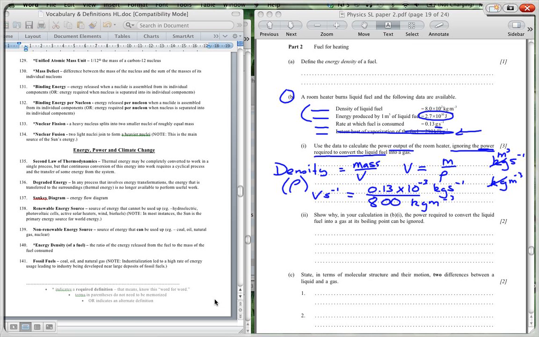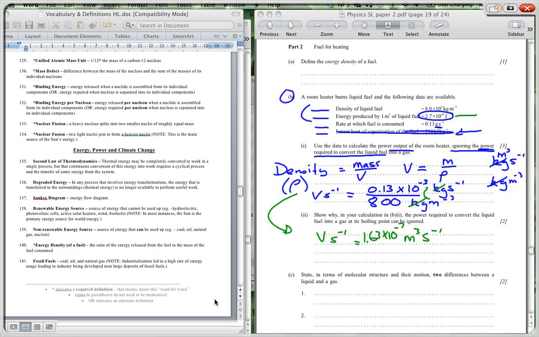Notice my kilograms cancel out, and I'm going to get meters cubed seconds to the negative 1, because that goes to the top. When I calculate that, I get about 1.63 times 10 to the negative 7 meters cubed per second. So that's the number of meters cubed per second that is being used.